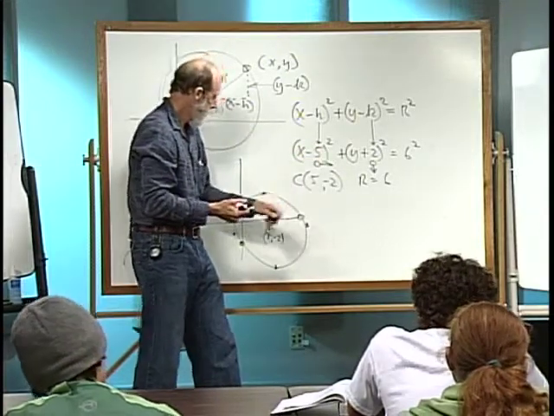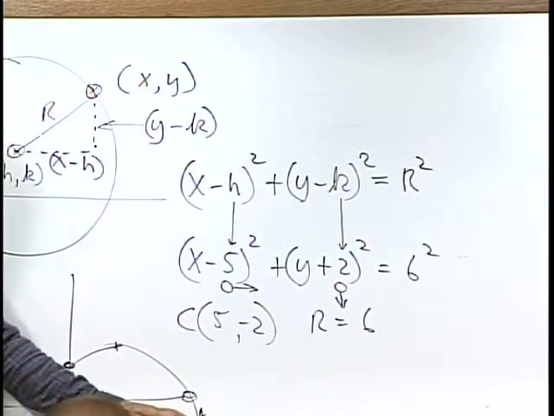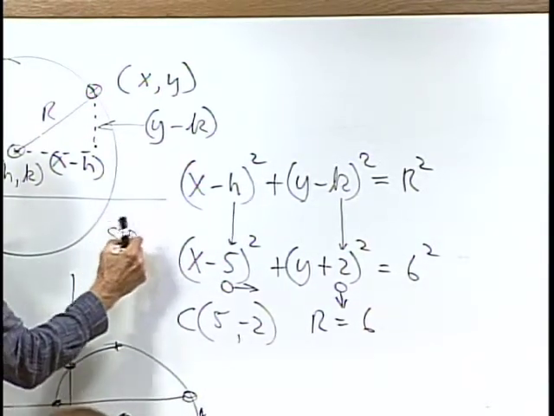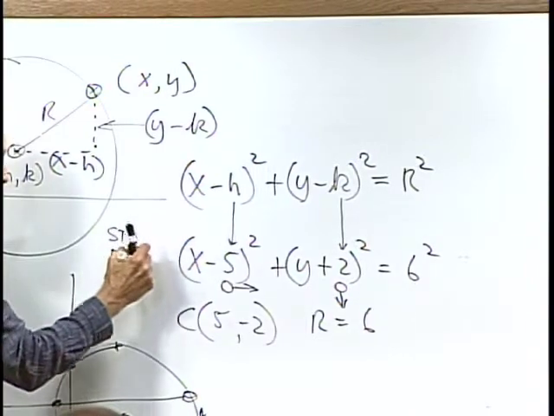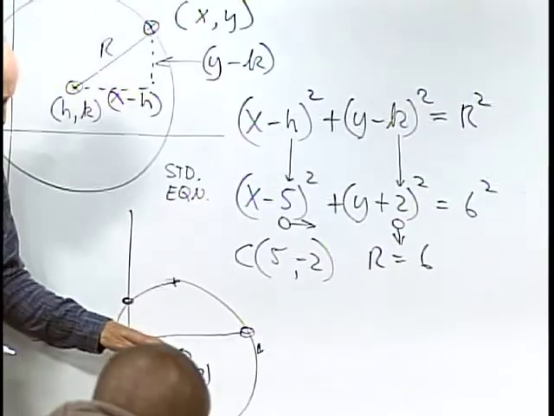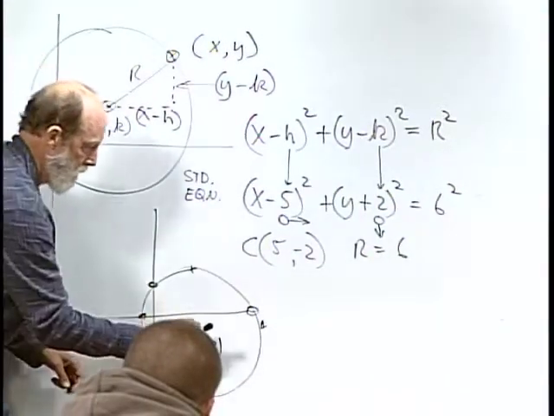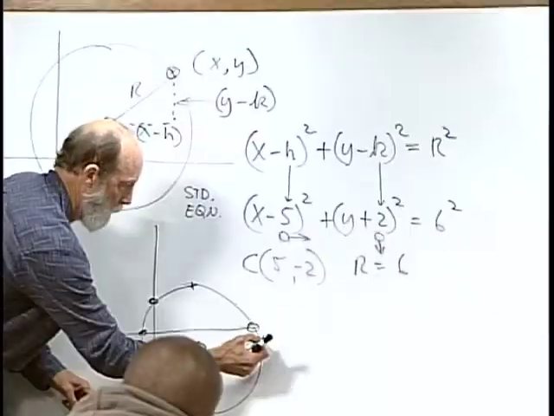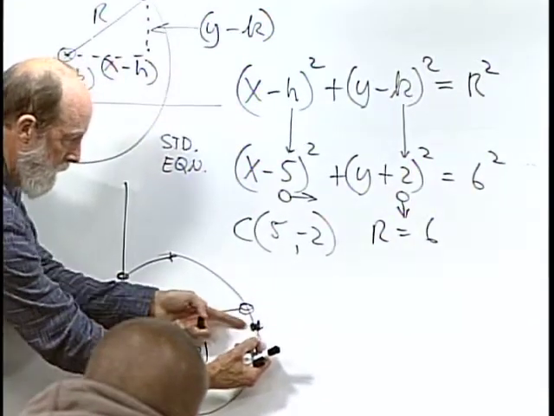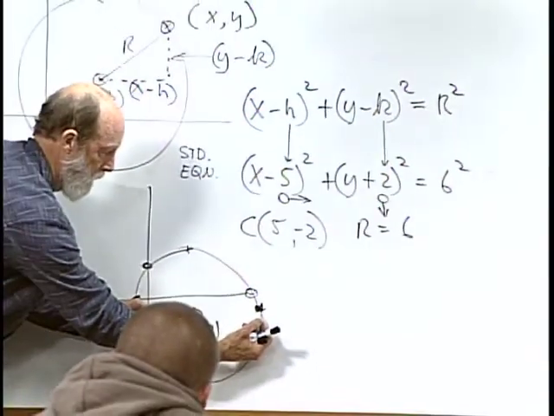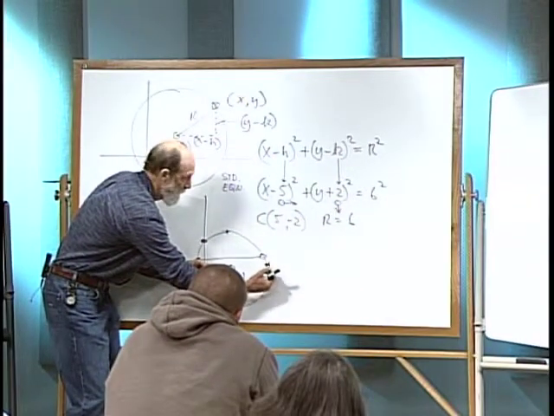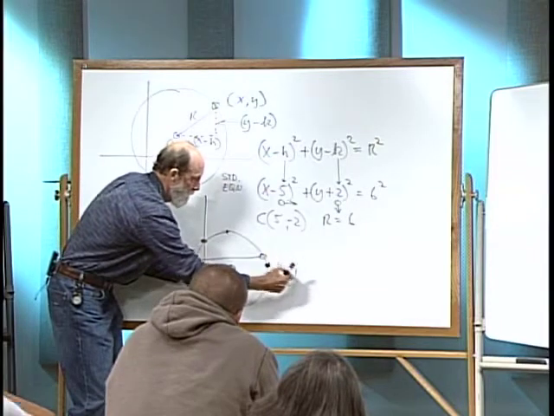Okay, so here's a sketch, and here's the equation. This is called the standard equation of the circle. If I draw it, I could come over here: (5, -2) is the center. And if you add 6 to it, that's going to put this point right down here at what location? At the same level as the center. Excuse me? (11, -2), right?